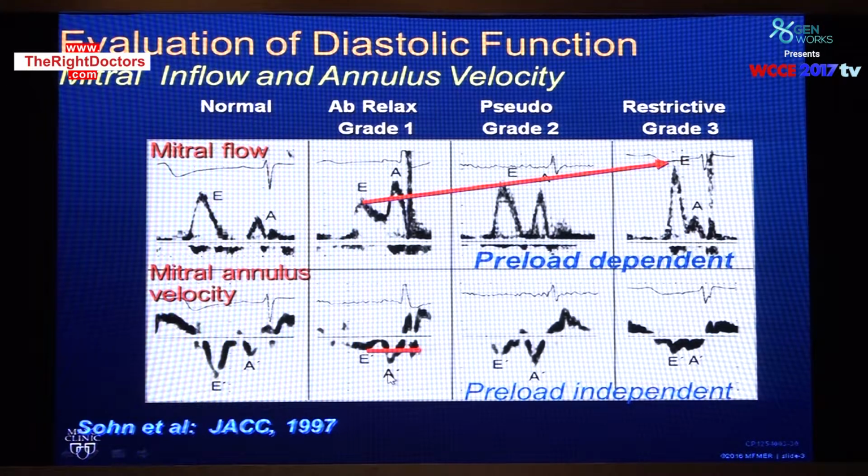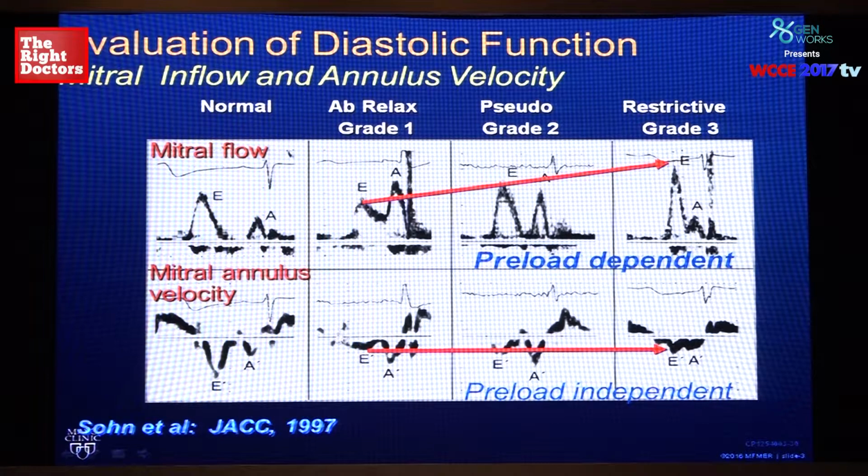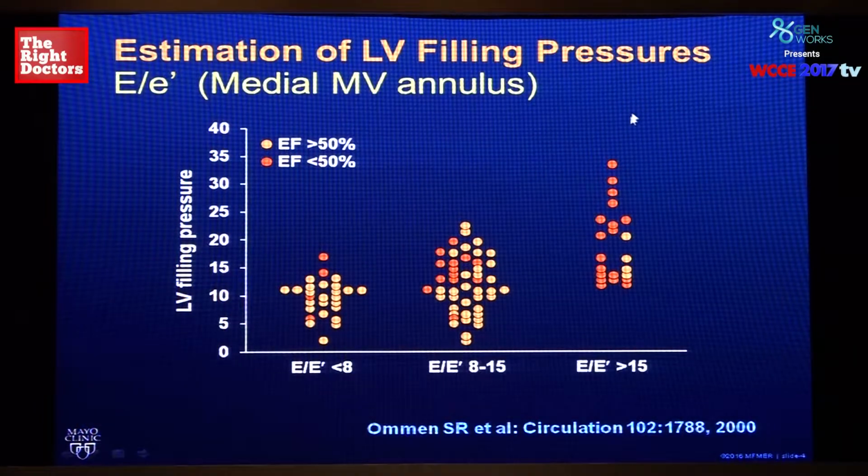So in all stages of diastolic dysfunction, E prime velocity is decreased. So now, combining the mitral inflow and mitral annulus velocity, we can classify diastolic function as normal, grade 1, grade 2, grade 3, okay?